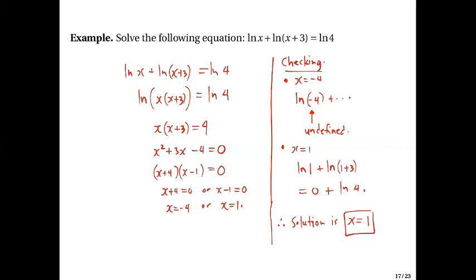Question. So in logarithmic equations, checking is important. Just like in your radical equations, checking is important. So you are required to do the checking.